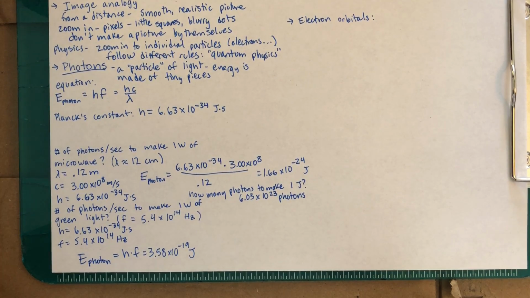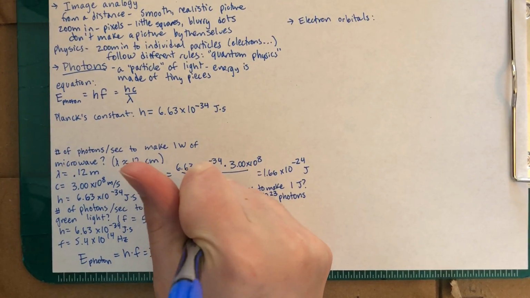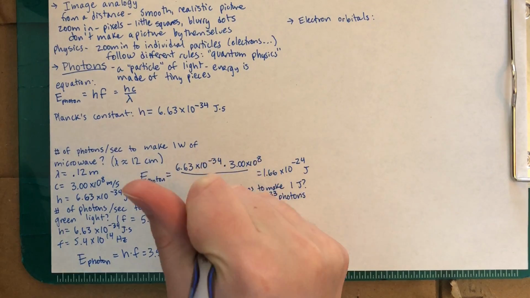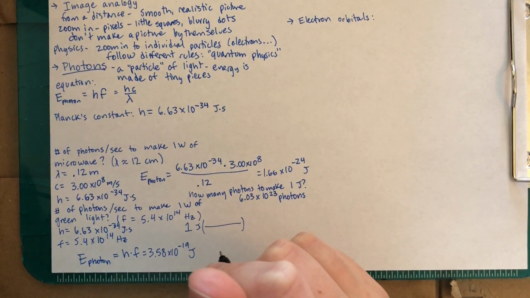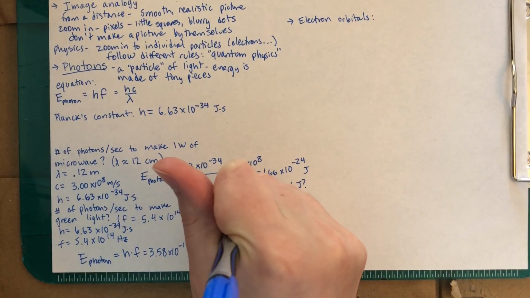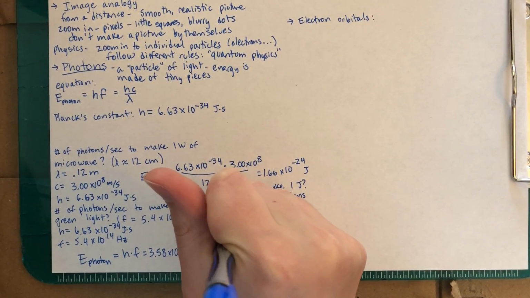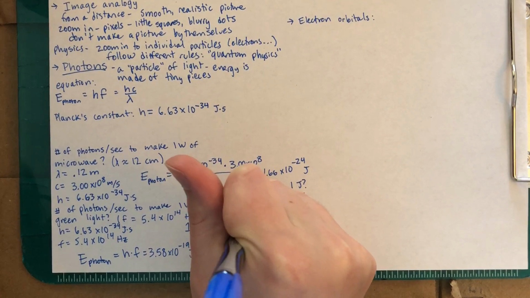Okay? And then how many of these would I need to make 1 joule? So 1 joule, and then I can basically do a unit conversion where I know that 1 photon equals 3.58 times 10 to the negative 19th joules.